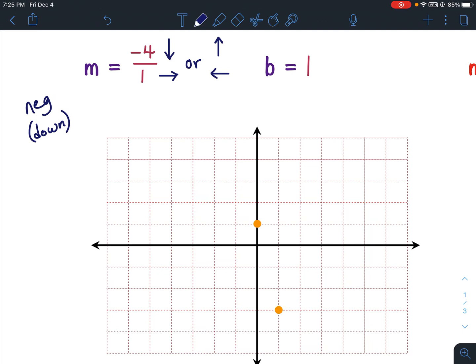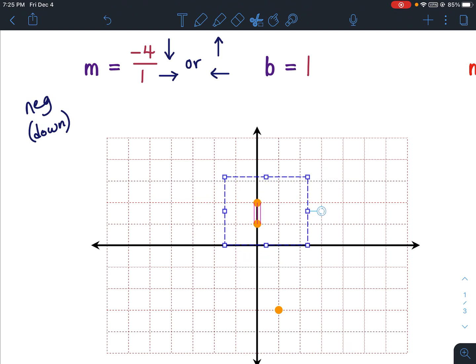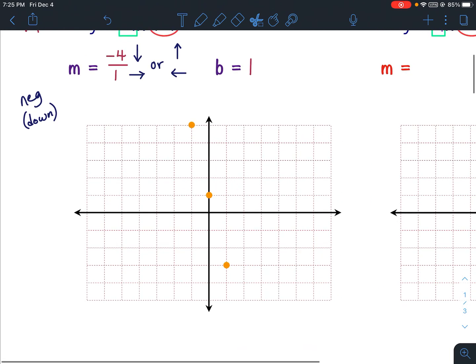So starting at this point, I'm going to go up 4, 1, 2, 3, 4, and to the left 1. And that's all the farther I can go that direction. So you should only have 3 points for this graph, and now you're ready to connect the points.